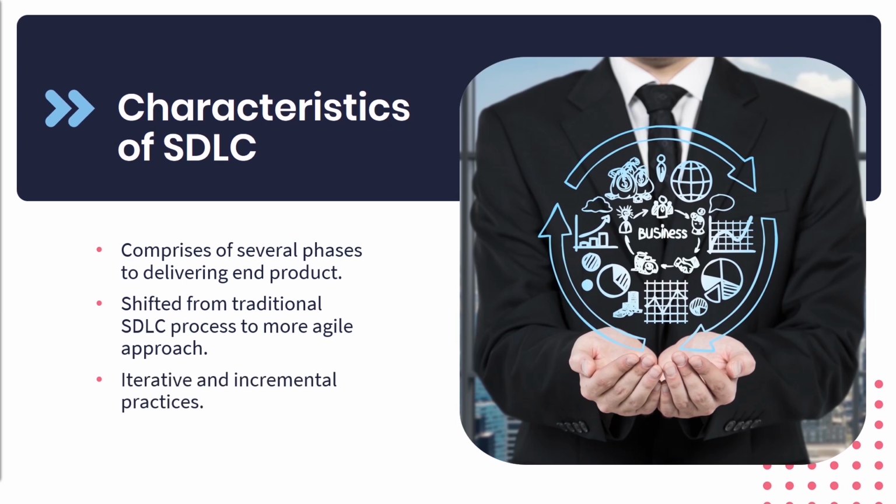And then lastly, it's iterative and has incremental practices or steps, which means there is a constant revision of one of the phases in the software development lifecycle. And when we say incremental, we ensure that when you're developing a piece of software, there always needs to be an improvement on that piece of software. And sometimes this requires an iterative approach.